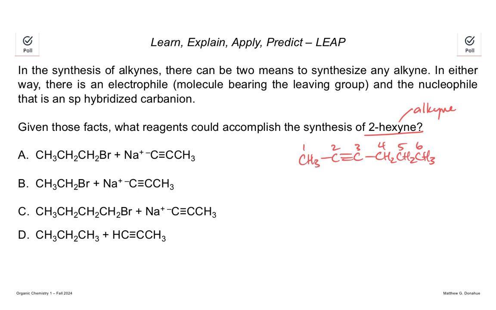So in terms of the mechanism, it's going to be SN2. So when we look at the way this is written, the left reagent is the electrophile, and the right side reagent is the nucleophile.